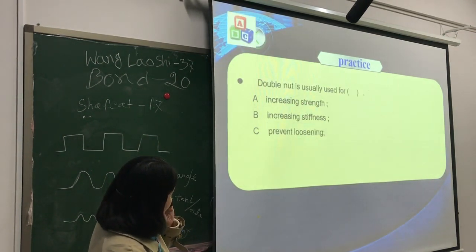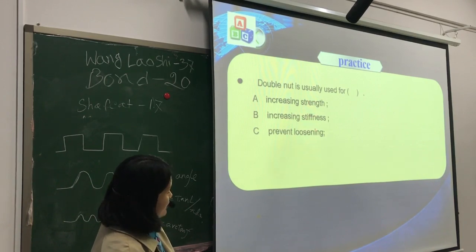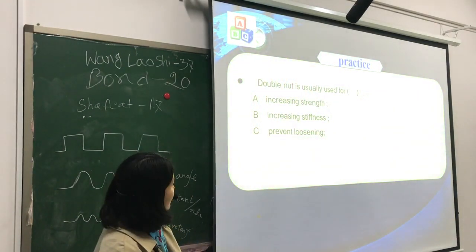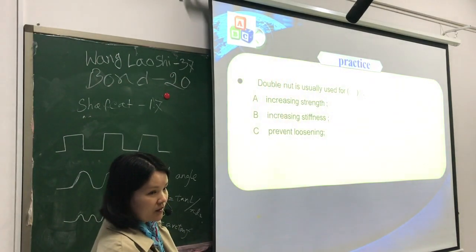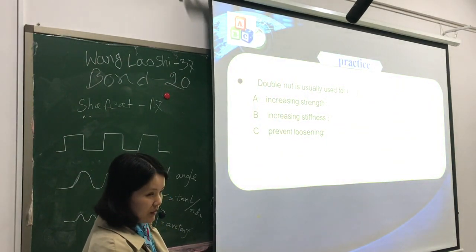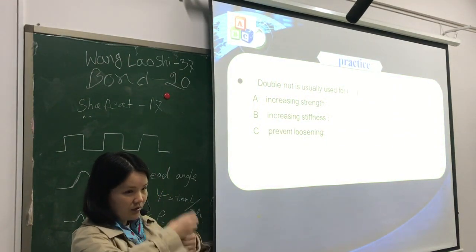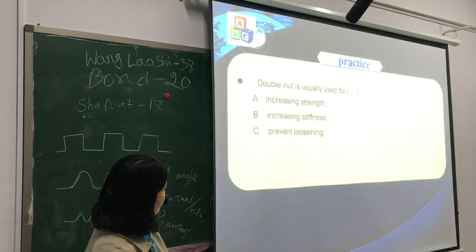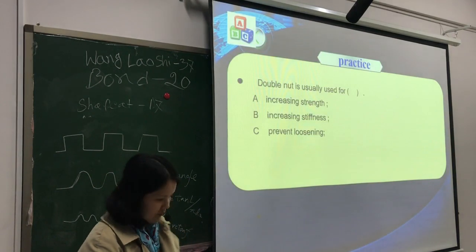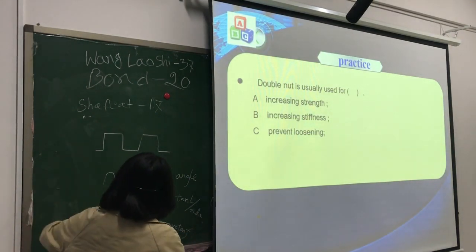And the double nut is usually used for: A, increasing stress, B, increasing stiffness, C, preventing loosening. Which is the function of the double nut?